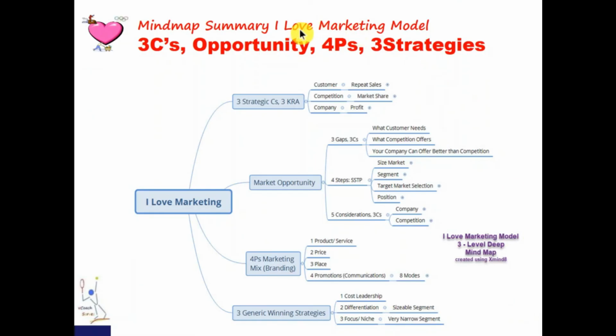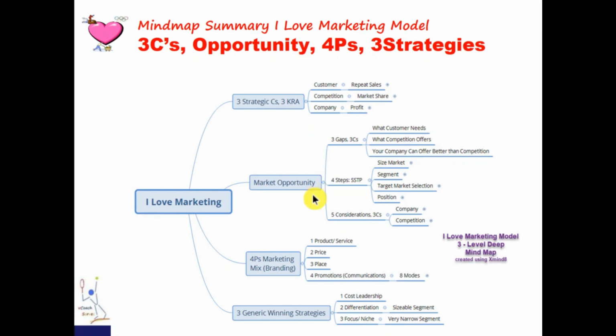In summary, there are four key concepts in the I Love Marketing model, and this is clearly shown in our mind map. So the first is about the three strategic C's of customer, competition, and company, and the corresponding key result areas of sales, repeat sales, market share, and profit.